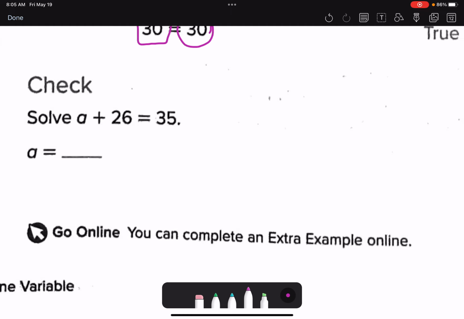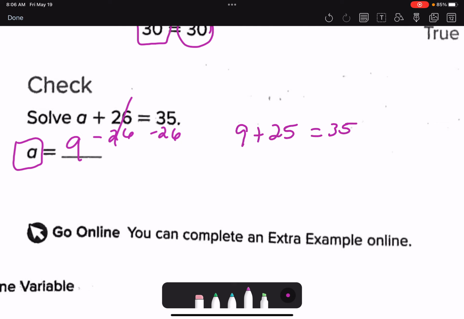This is a positive 26. So that means I need a minus 26, minus 26. This goes away, and I'm left with a positive variable with nothing else besides the number 1 in front of it. I'm good. Over here, I have 35 minus 26. That is 9. Go back and check your work. 9 plus 25 does, in fact, equal 35.